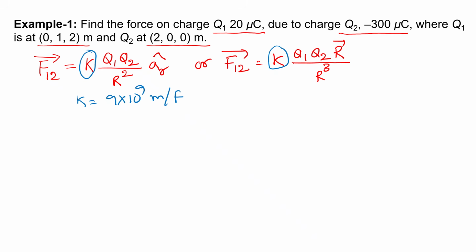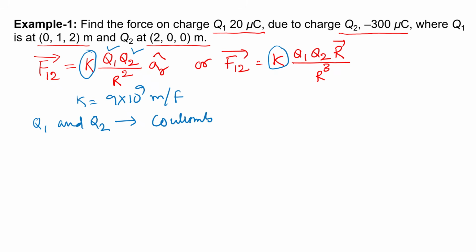Now, I'll give you a brief idea about how to approach the problem using both these ways. If we see both the formulas, Q1 and Q2 are the first two terms, and the values of Q1 and Q2 are both given in the question. What we should keep in mind is that in Coulomb's law, Q1 and Q2 both should be taken in coulombs.